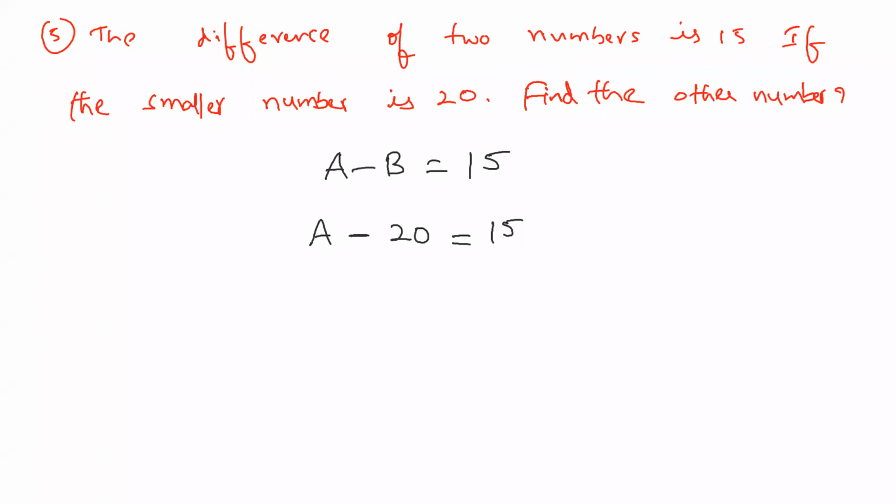A minus 20 is equal to 15. A is equal to 15 plus 20. This minus 20 goes to that side and becomes plus 20. 35 is the answer, ma'am. If you cross-check this question, what will you get? 35 minus 20 equals 15 only.